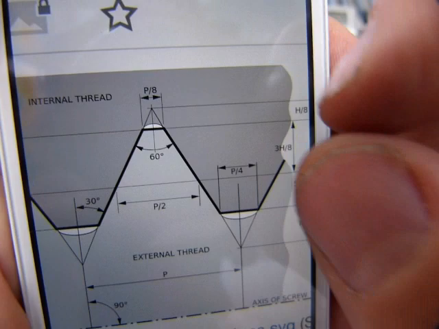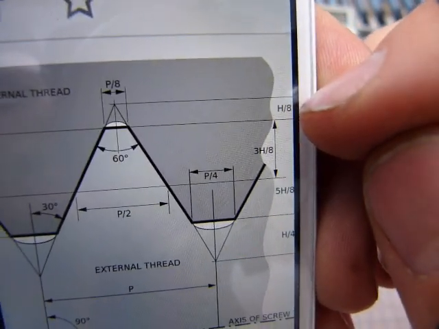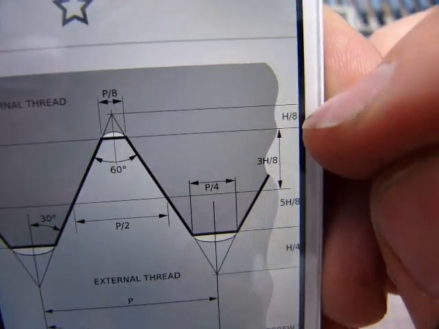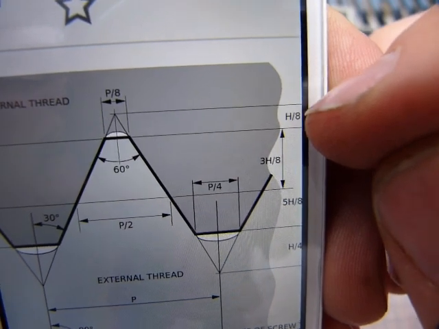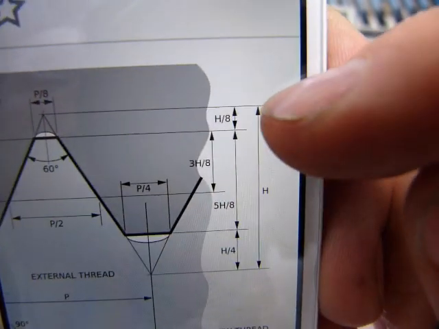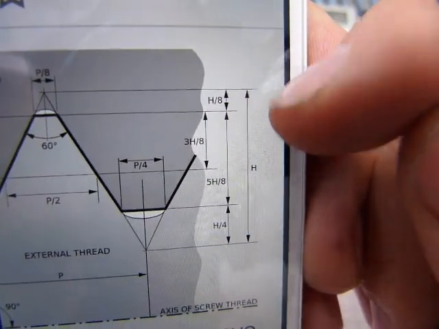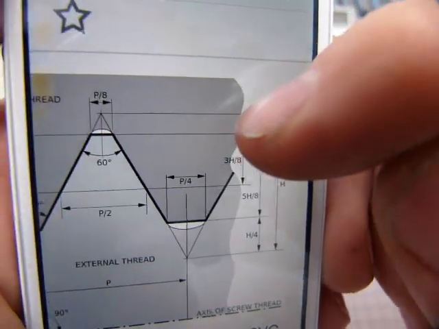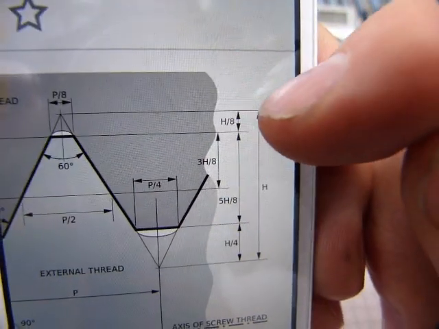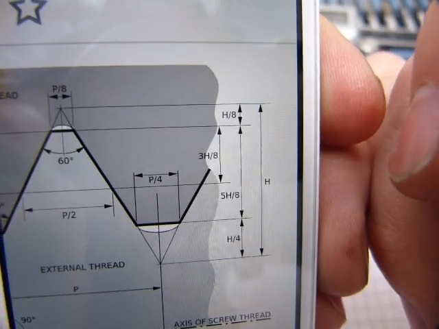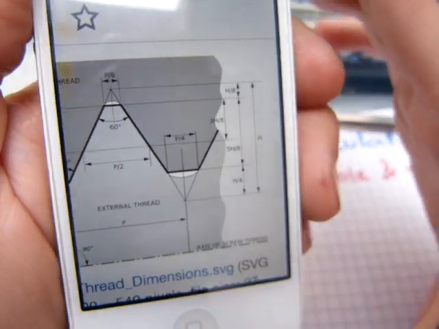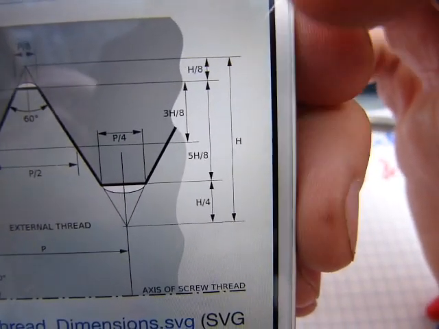You can see that the amount of rounding here on the edge is expressed in terms of H, thread height. And this picture here says that H is the height of the thread, and that little truncation there is 1/8 of the thread height, or height divided by 8.